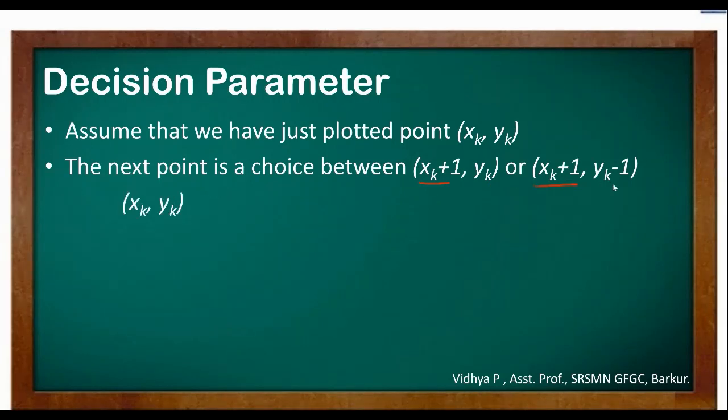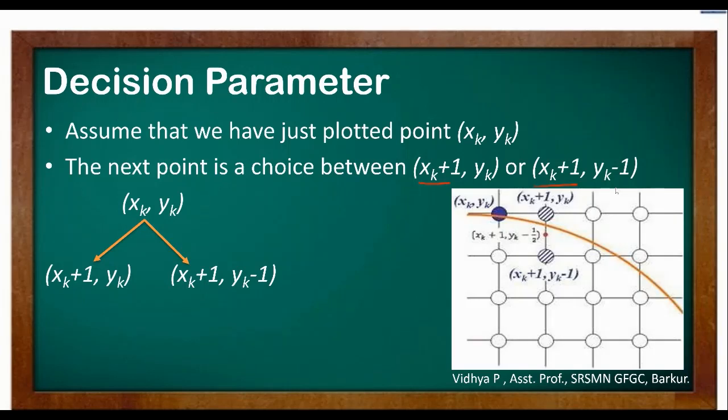In simple words, at each iteration, x is incremented by 1, and we have to decide whether to keep the same y value or decrement it by 1. This is the main point to be noted in the circle algorithm.